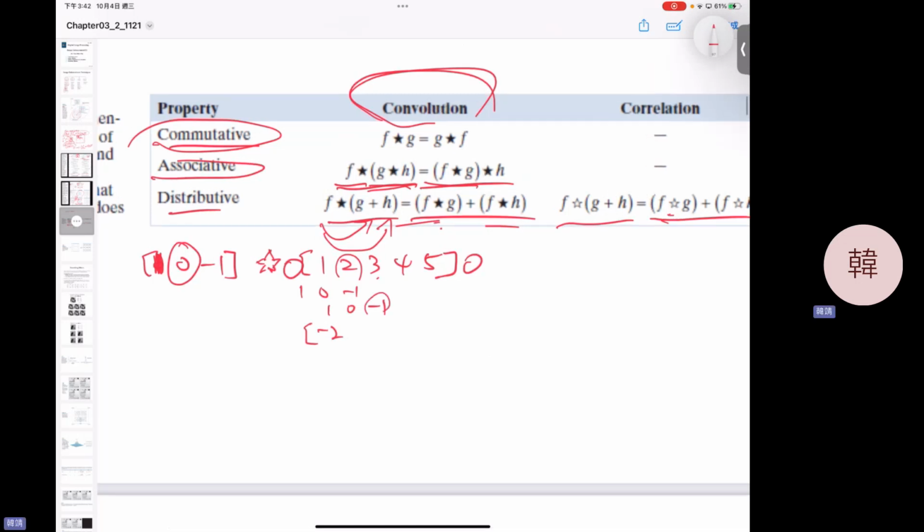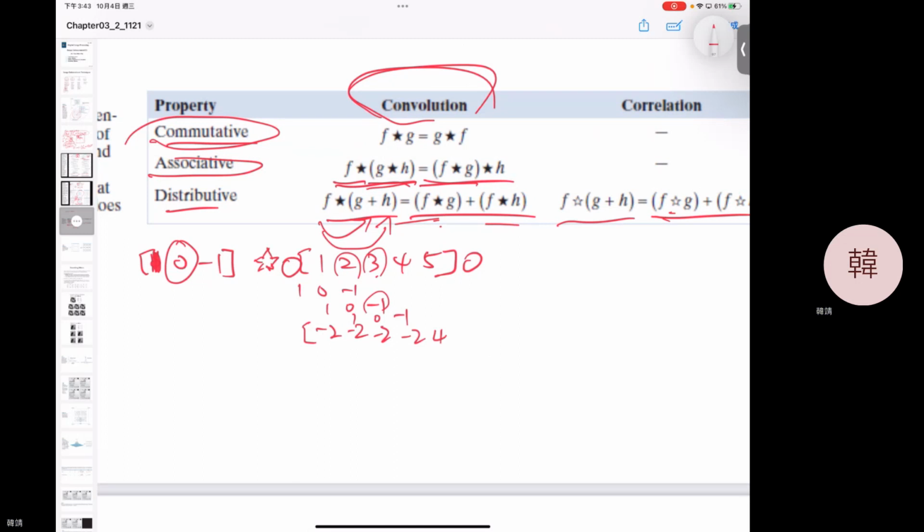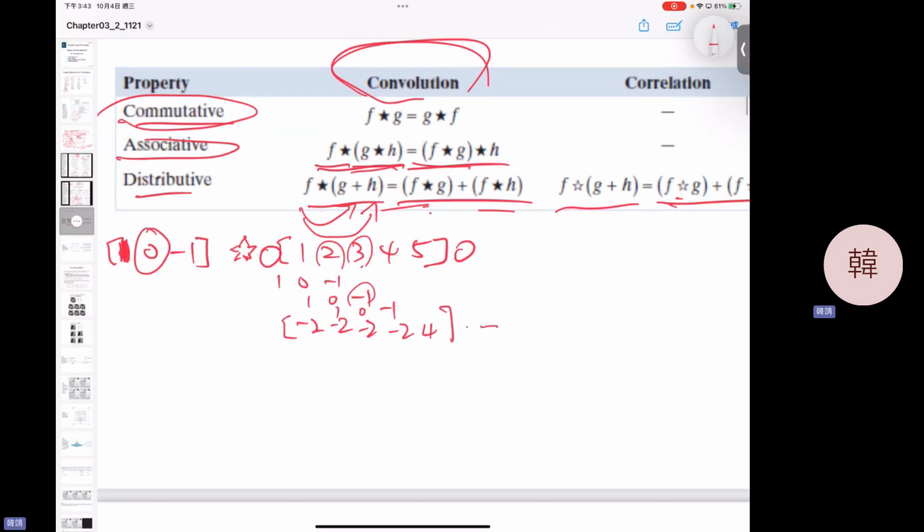This times 3 is -3, plus 0 times 2 is 0, so -3, plus 1 times 1, so -3 plus 1 is -2. Right? Thank you. How about next? 1, 0, -1. What's the result? -2, right? Okay, keep going. -2. How about this one? -1, 4, right? Okay, you can go further.